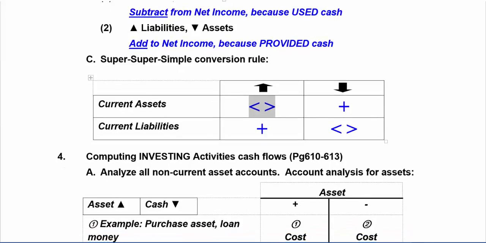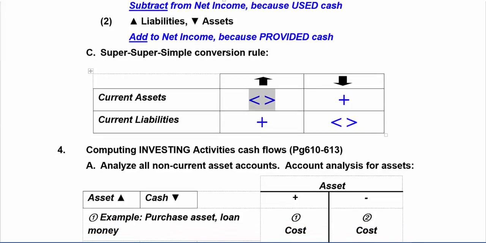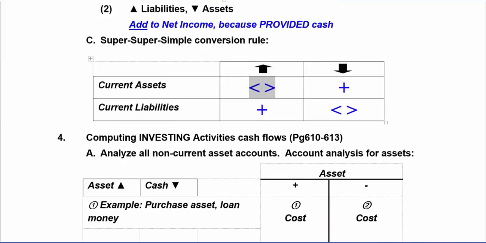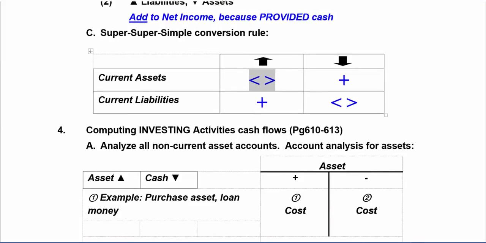And so when the asset account changes, we can presume that it's basically a swap of cash for the asset. So if we purchase an asset, then the dollar amount popping up into that asset account, for example, equipment, buildings, land, whatever it is, is the cost of what we paid to purchase the asset. Or if we loaned money out to someone, that, you might recall, would be a note receivable.